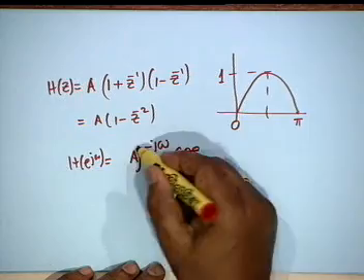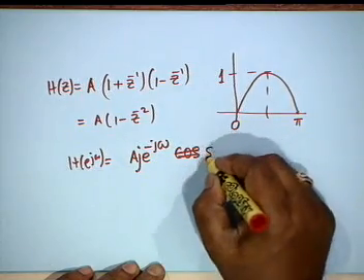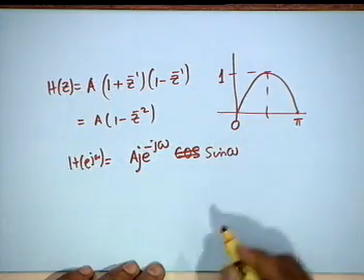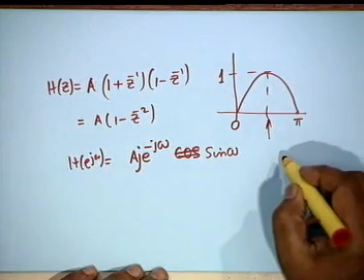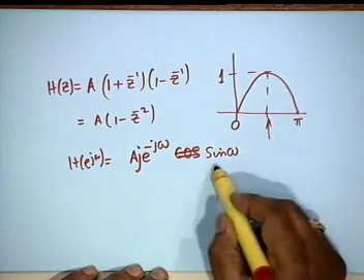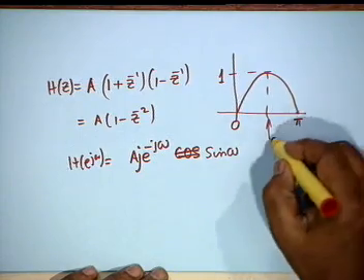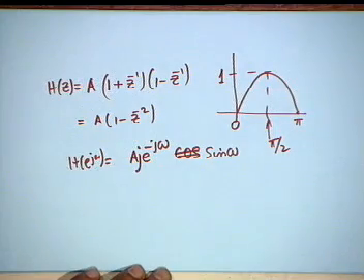Then I must multiply by j, sine of omega, and obviously this frequency shall be, sine omega is a maximum at pi by 2, so this shall be pi by 2.